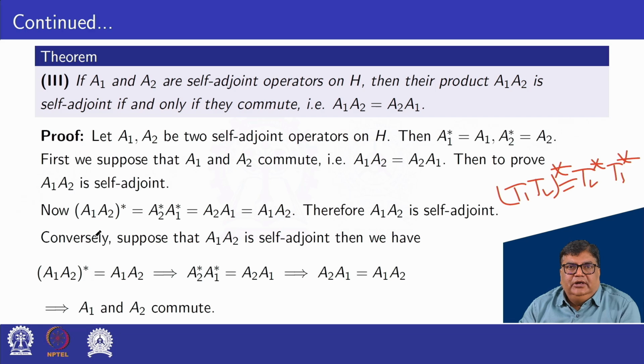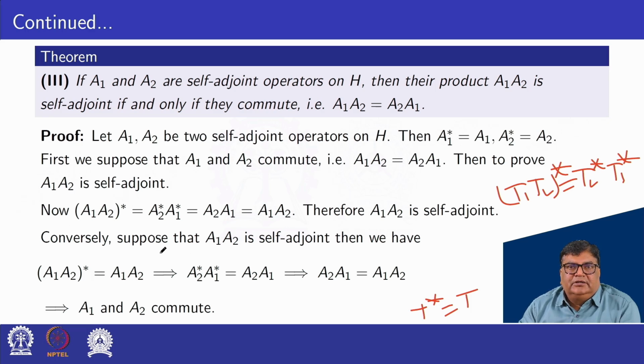So here (A1A2)* = A1A2. So by the property T* = T, that is T is self-adjoint. So we can say that A1A2 is self-adjoint.